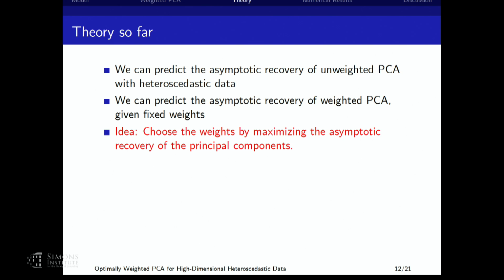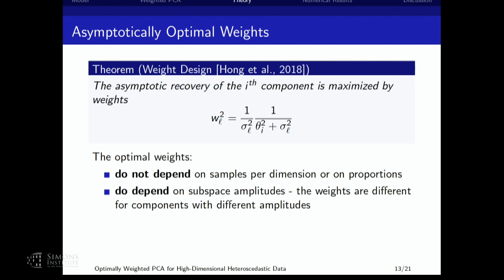Okay. So far, I have just given you the asymptotic recovery of unweighted PCA. We did that in prior work, but it's also clearly a case from the theorem I just showed you. And so then also we have the asymptotic recovery for weighted PCA, and we will now try to choose the weights by maximizing that recovery curve. Okay, so if you take that curve and look at where it's optimized with respect to W, it turns out that this is what you get.